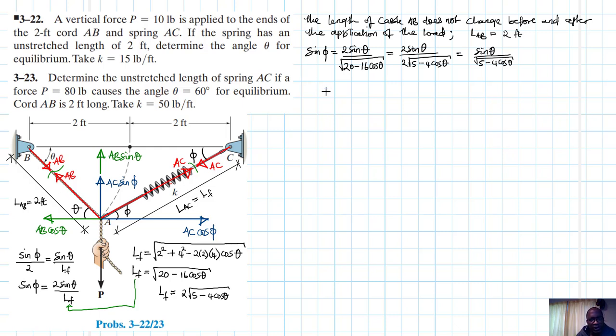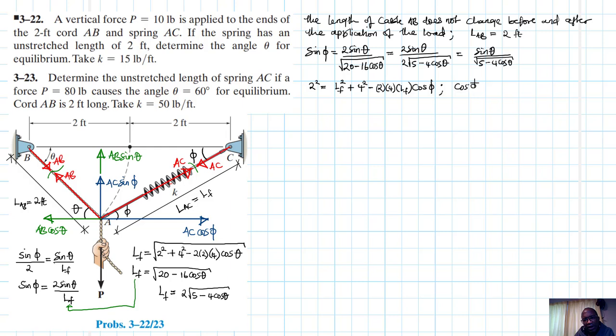We can say 2 squared, that is the length of BA, is going to be equal to L final squared plus BC, which is 4 squared, minus 2 by 4 by L final cos phi. So we can make cos phi the subject of the formula.